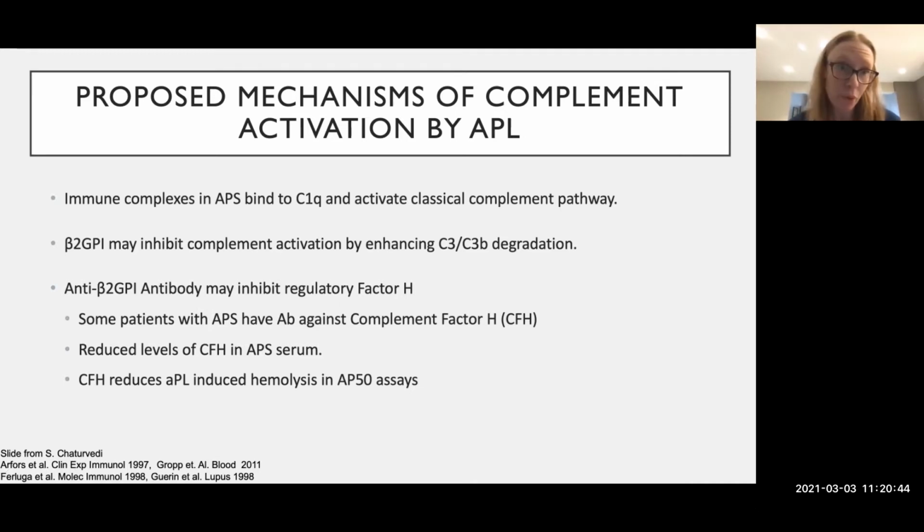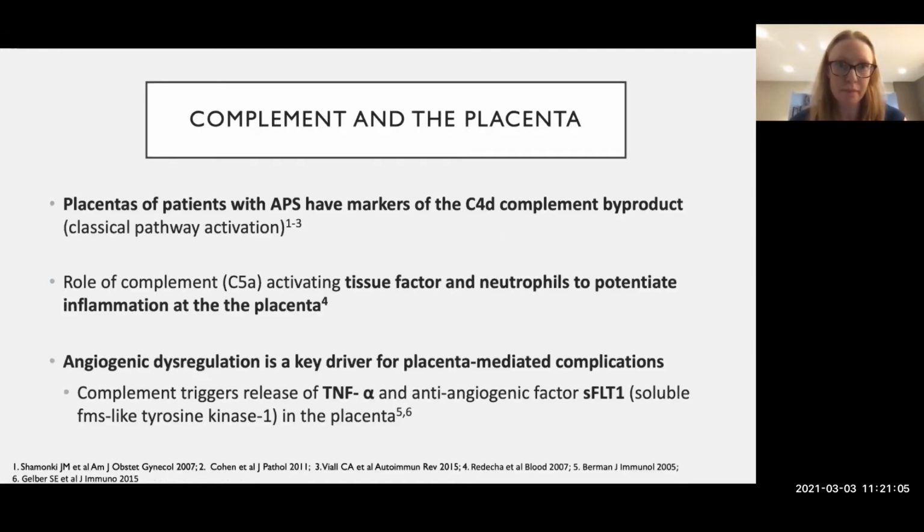That beta-2 glycoprotein itself could inhibit complement activation by enhancing C3 and C3b degradation. And then some evidence that it may inhibit the factor H involved in regulation of the complement system. So all potentials and some for further research to be done.